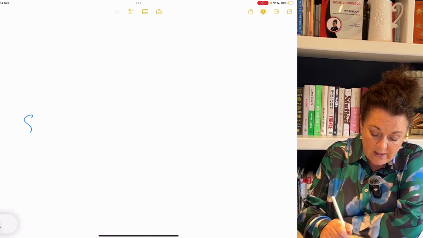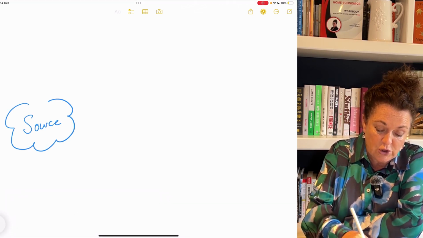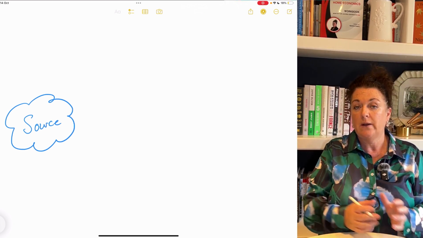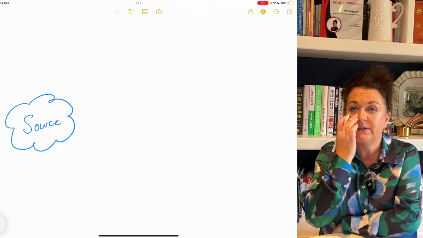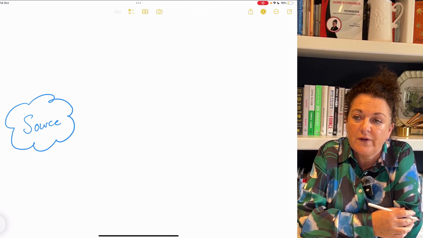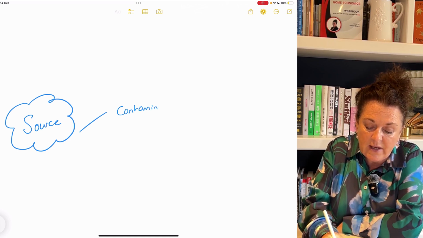Next, we note the source. Now, source is not food, just so you know that. Source of Salmonella, we had soil and we had feces. Now, for E. coli 0157, one source would be contaminated water.